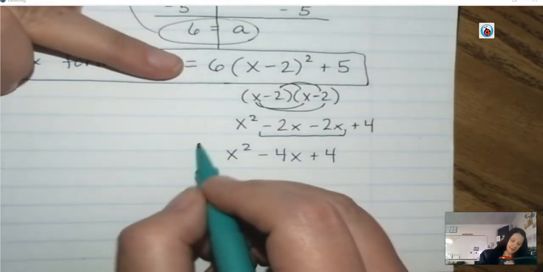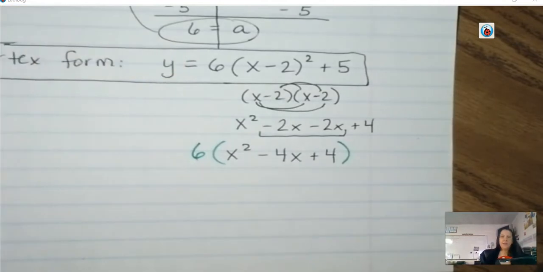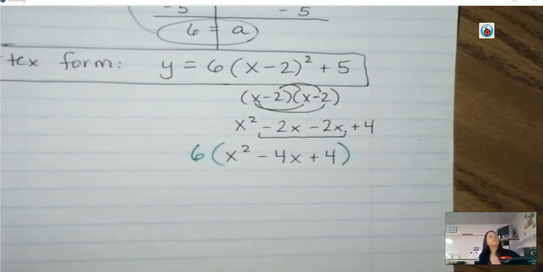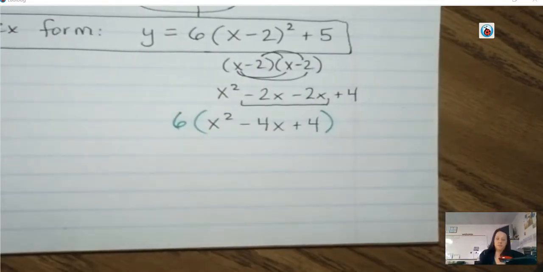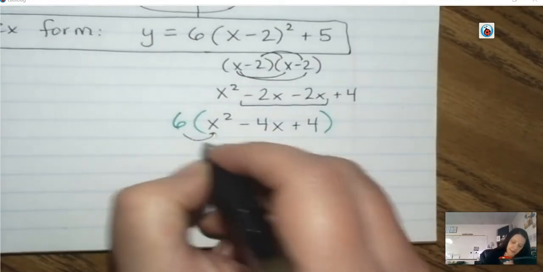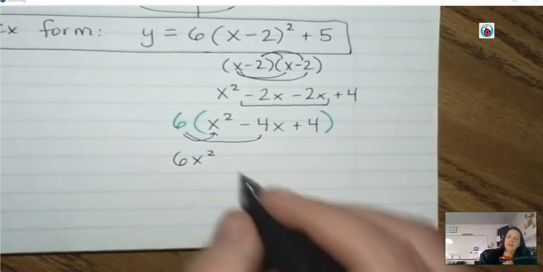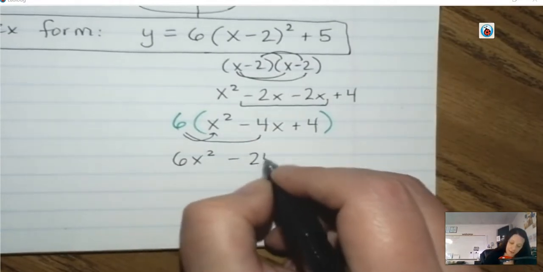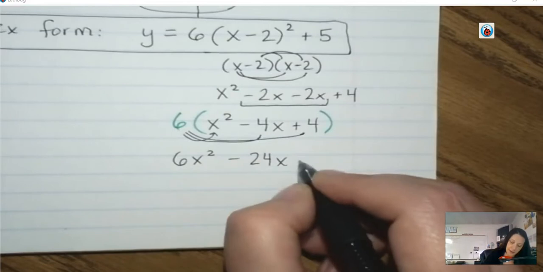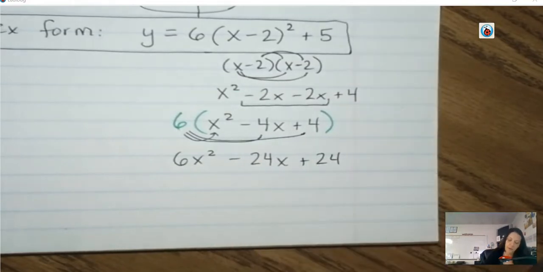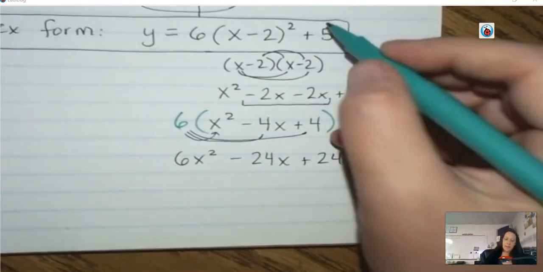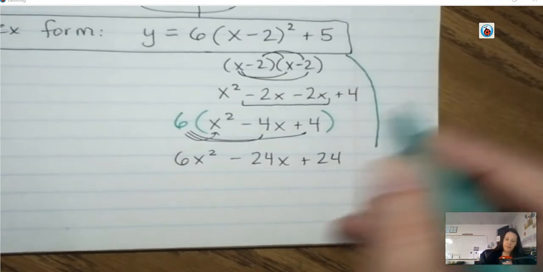Okay, I still have 6 times all of this. Six times x squared is 6x squared. 6 times negative 4x is negative 24x. And 6 times positive 4 is positive 24. And then the last step is to bring down that plus 5.